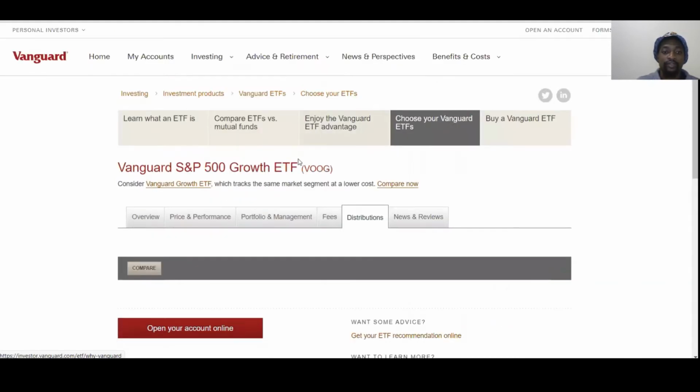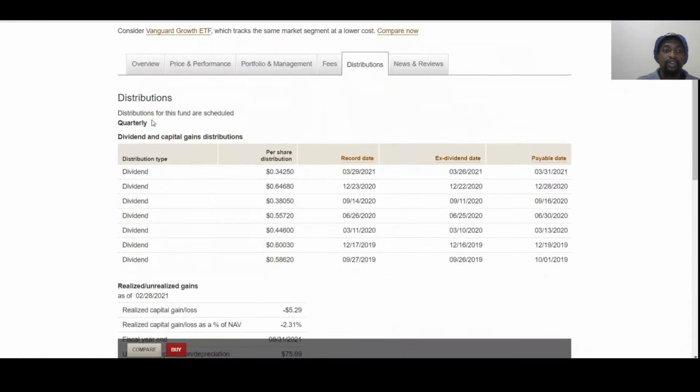And then in terms of distribution, this ETF makes regular quarterly distributions. As you can see, going back all the way from September 2019 up to March 2021, the next payable date is on the 31st of March 2021.